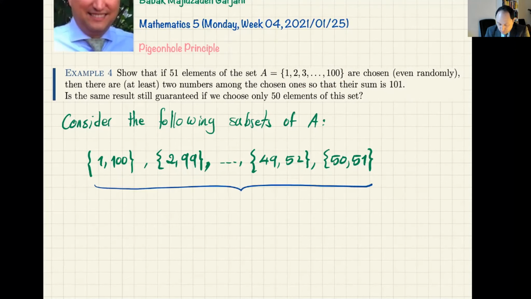50. Why? Because you see the first one is 1, the second one is 2, the next one is 3, up to 49, 50. So it's clear that I have 50 pigeonholes.